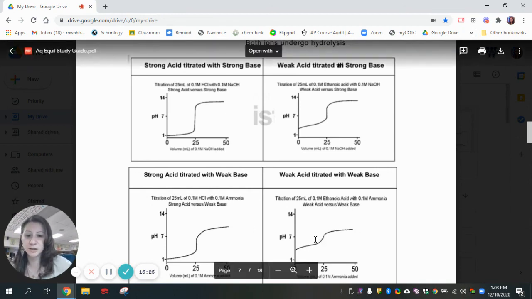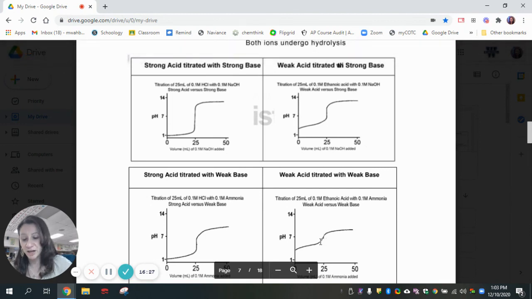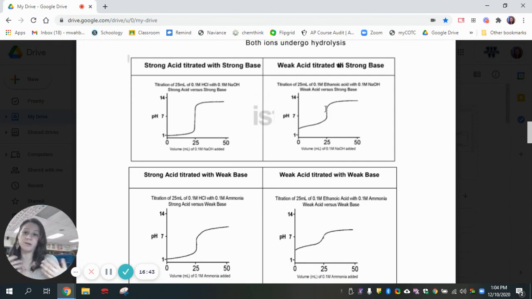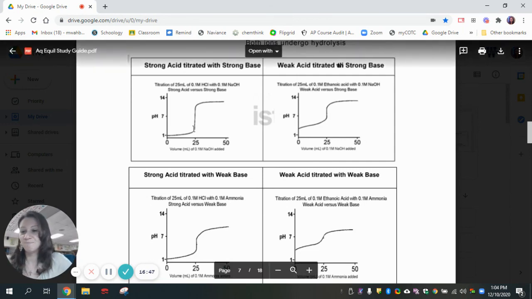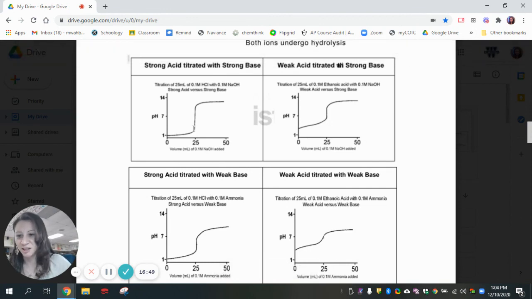Whereas when you get to something like this, you want to be more careful with your indicator because you need one that will change just in this region. You only have like 1 or 2 pH units where you have that vertical region without a difference in the volume of the base. So the longer that vertical line is, the more leeway you have with an indicator. With a strong one, you can use almost any indicator that will turn colors anywhere from here up to there.